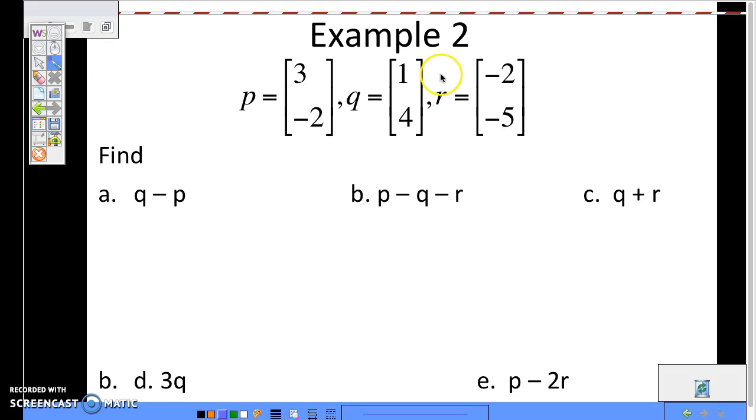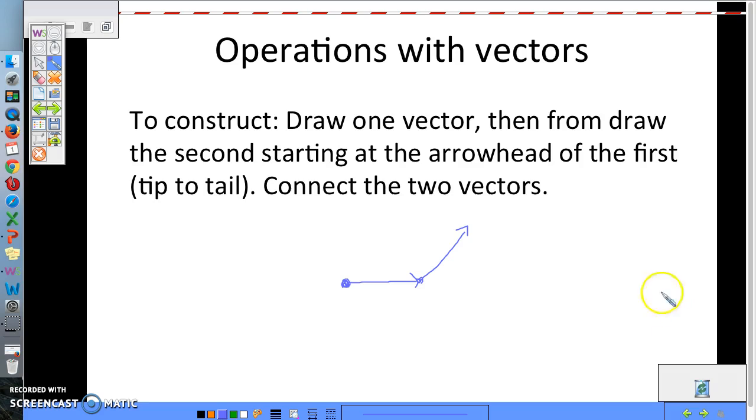Now, if we were to add these, for example, the vector 3, 2 plus the vector 4, 5, it's saying we have a vector, we go over 3 and up 2. And then we take our vector and go over 4 and up 5.